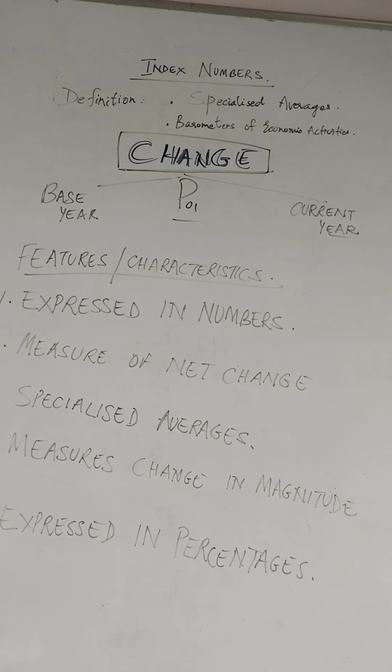So in brief, we can again say that an index number is a special kind of average which measures changes taking place at different times and places. Whenever there is a problem of measuring proportionate change, index number is used.